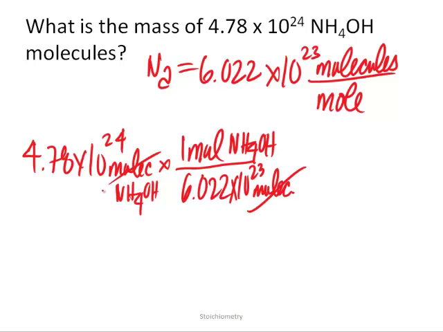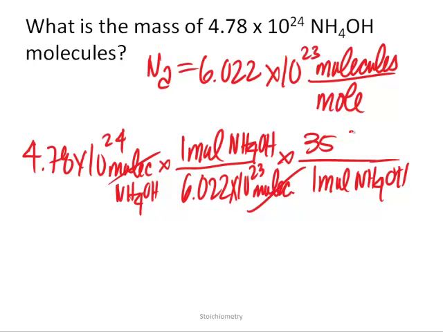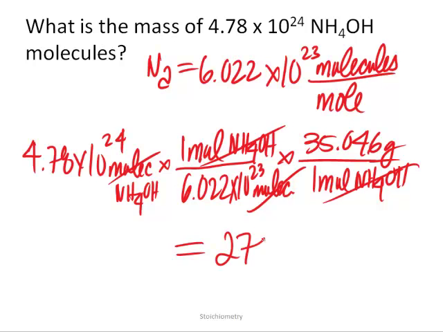So those will cancel out. And then we just calculated the molar mass, and we know that in 1 mole of ammonium hydroxide we've got 35.046 grams. And so moles are going to cancel out. That's going to give us a mass of 278 grams of ammonium hydroxide.